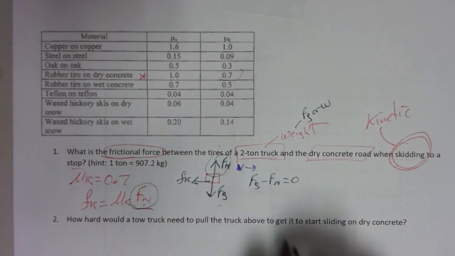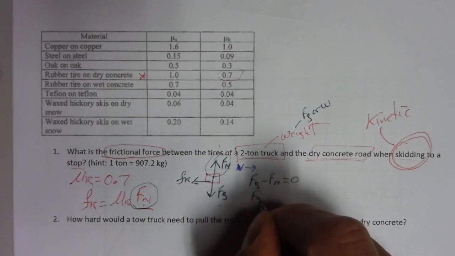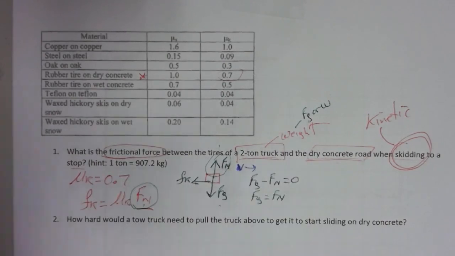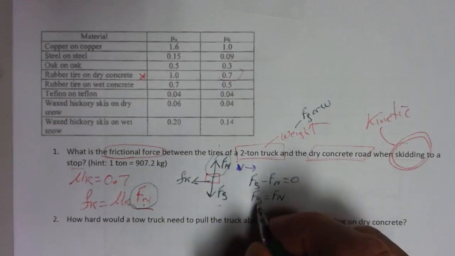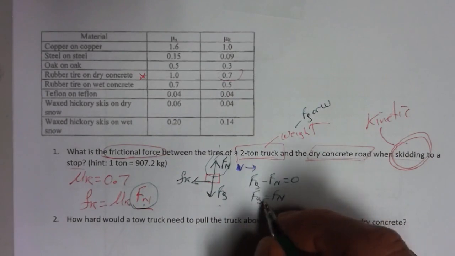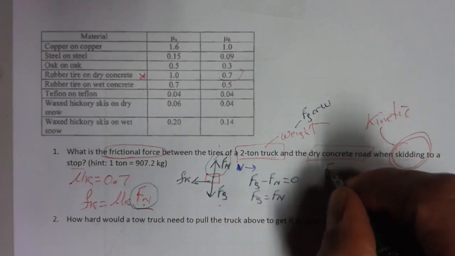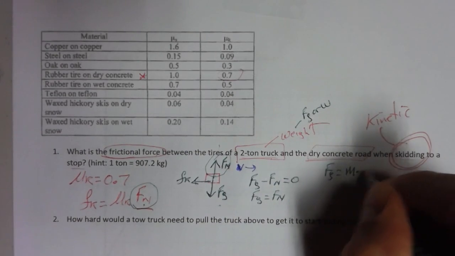There's nothing going on that way. So the force of gravity is going to equal the normal force. It is not always equal to the normal force. Be careful about that. But it is a lot of times in our problems. Well, force of gravity, recall, was m times g.